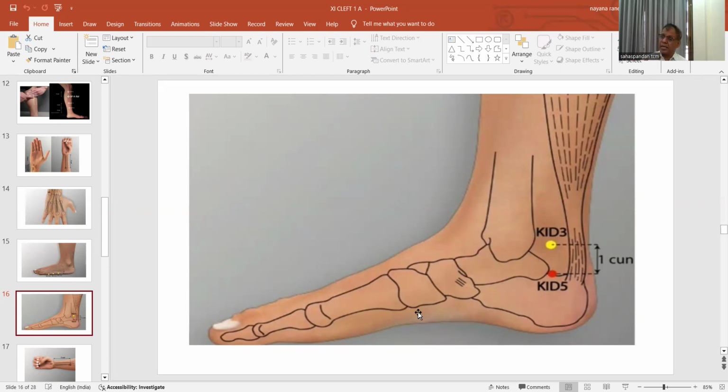If there is liver blood deficiency or stasis of blood in the liver, there may be delayed menstruation.